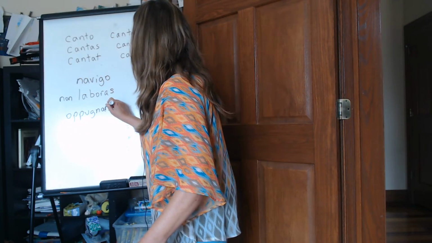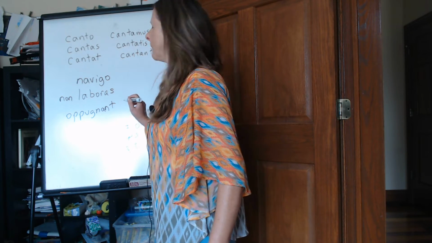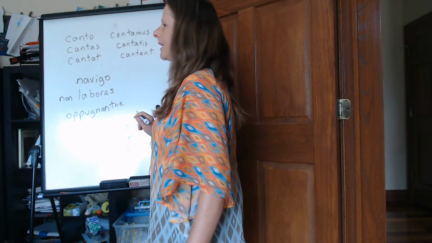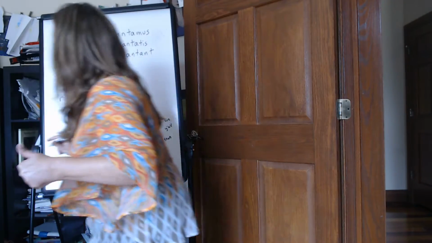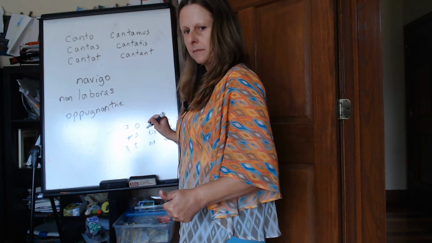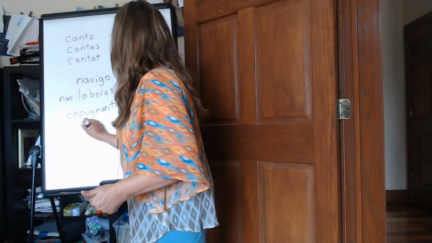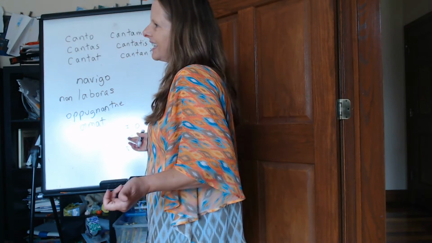Oppugnant. And then how do I turn it into a question? Oppugnantne. How about she loves? Amat. Amant. We have our stem, and we have the she ending, the he, she, or it ending.